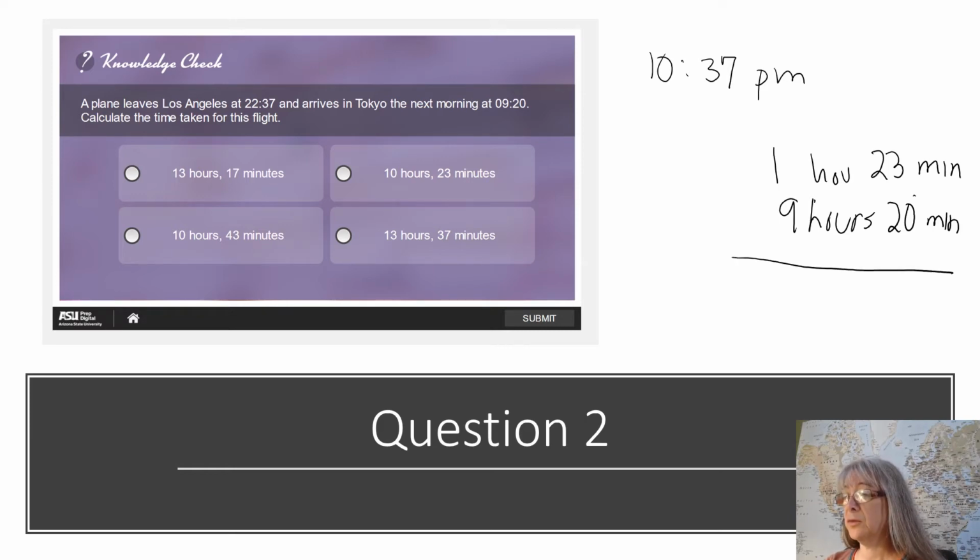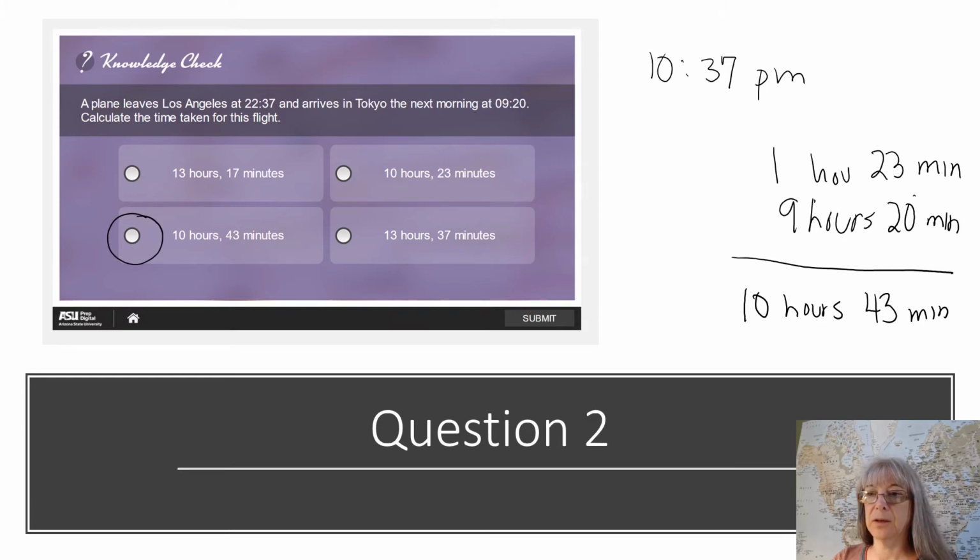So when I add those together, I would end up with 10 hours and 43 minutes. And of course you would look at that and then pick that one and submit. The problems might be a little bit different, but they're basically the same concept. All right.